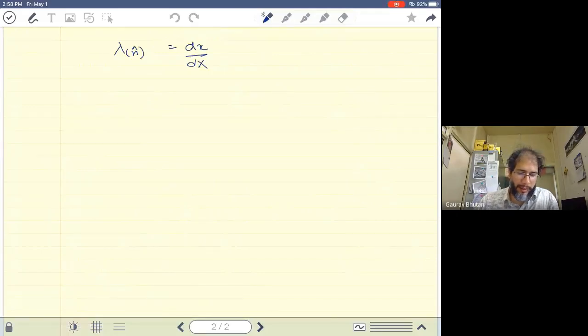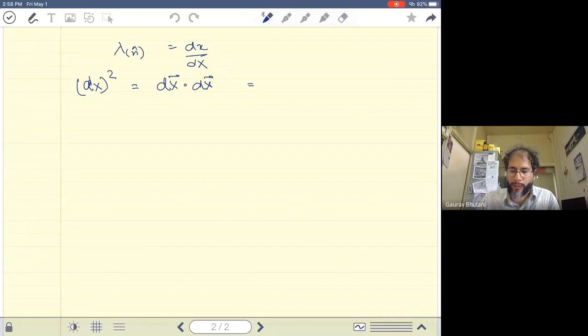So if instead of starting with d small x, we start with d capital X here, the square of that, again we can write as dXA dXA. Let's use the symbolic notation.